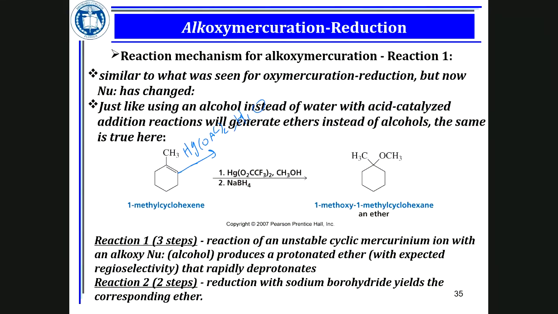This is one step. And two, you add sodium borohydride. What would be your product in this case? Your product is going to be OH and H, and the CH3 would stay.